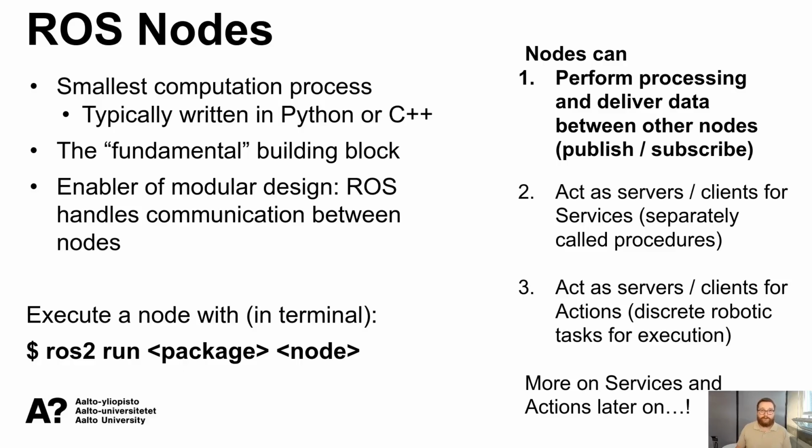I'll be talking more about these later on in the video, but services and actions are very similar, with the main difference being that services are quick to execute, and actions are basically longer tasks to execute.